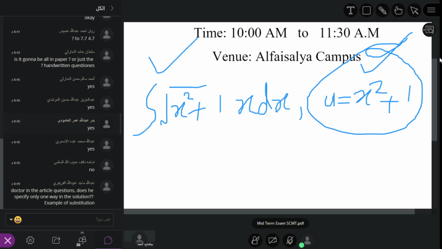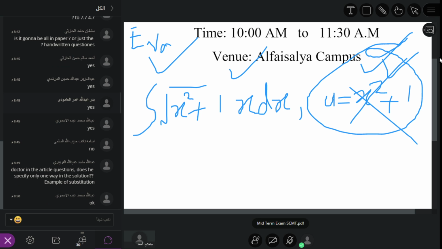The specified substitution is not given. I shall just ask you to evaluate this. You have to suppose that u is equal to x square plus 1. Did you understand my point?